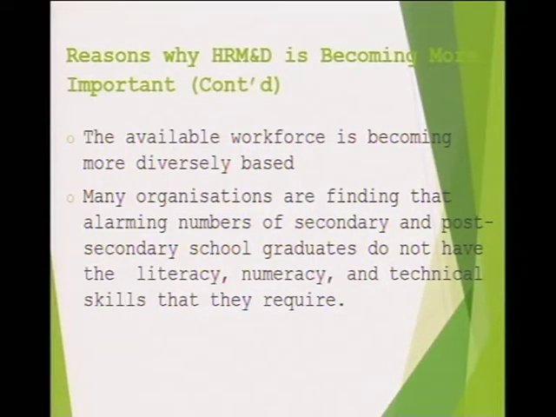So we find that the available workforce is becoming more diversely based, more women, more minority groups, and organizations are also finding that a number of people who join them have qualifications, but the qualifications do not justify their performance.